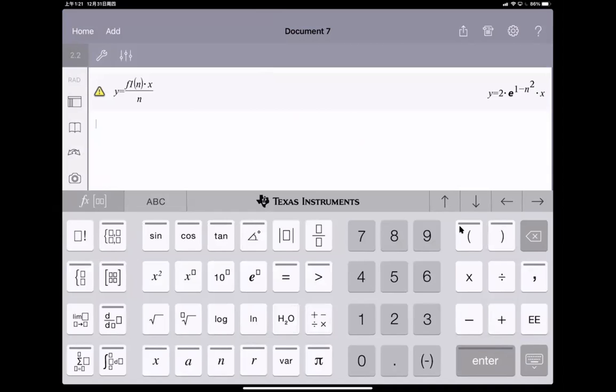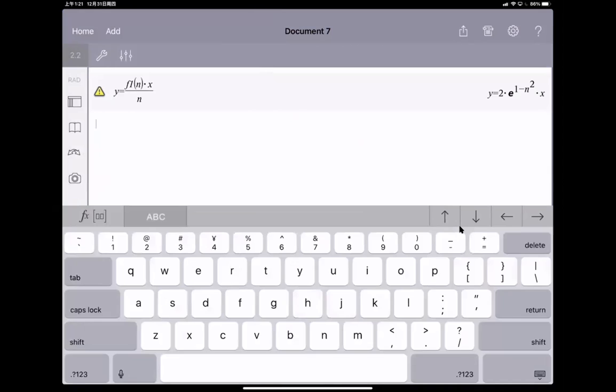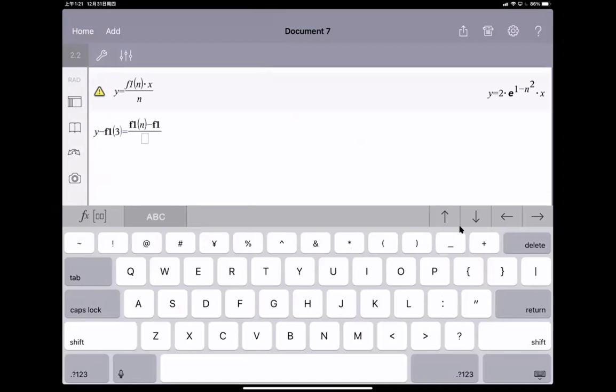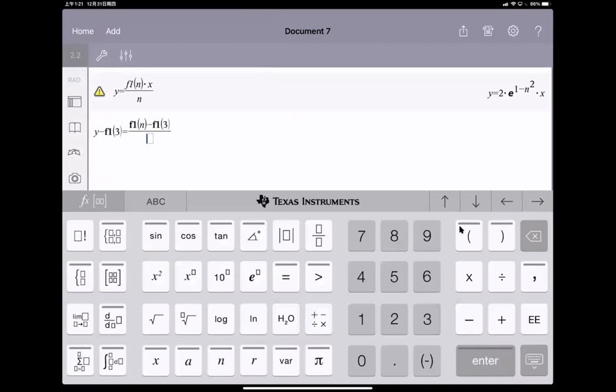Another equation will be y minus f1 of 3 equated to f1 of n minus f1 of 3. Make sure the order is correct. It's n minus 3, not 3 minus n. So the order for the numerator and the denominator should be the same.